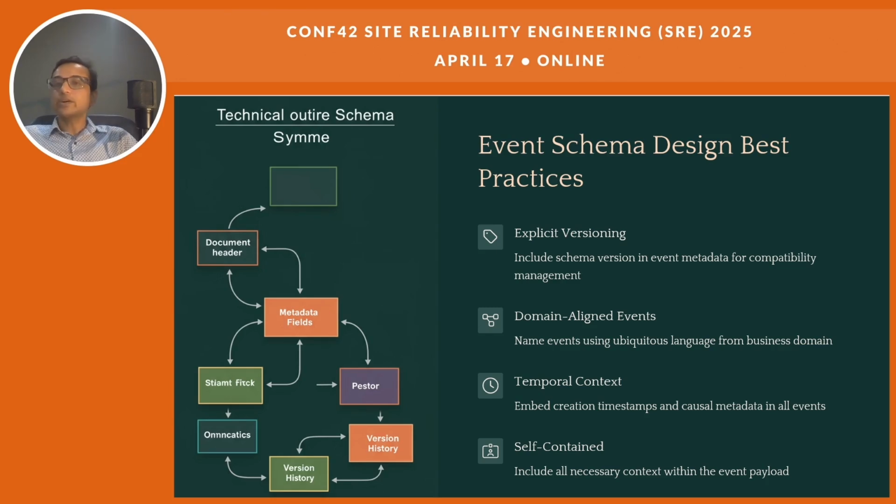For SREs, these patterns not only help in mitigating failures, but also align with the core principles of uptime, observability, and proactive incident management. So let's now dive into the resilience patterns, discussing their role in ensuring high availability and how they can be effectively implemented in a distributed architecture.